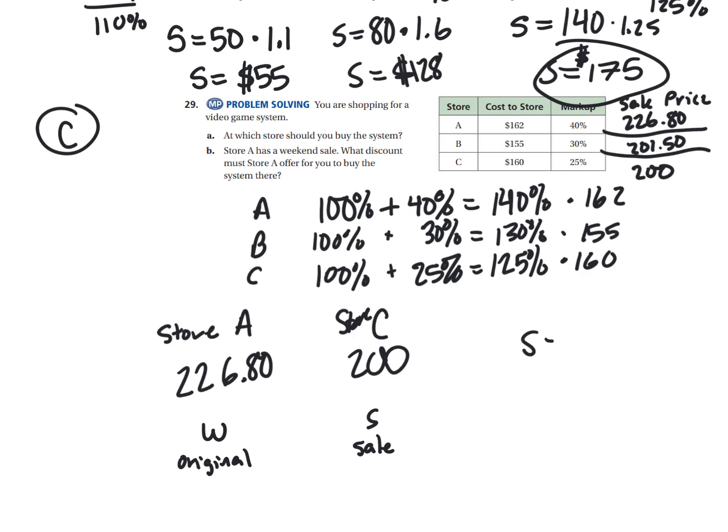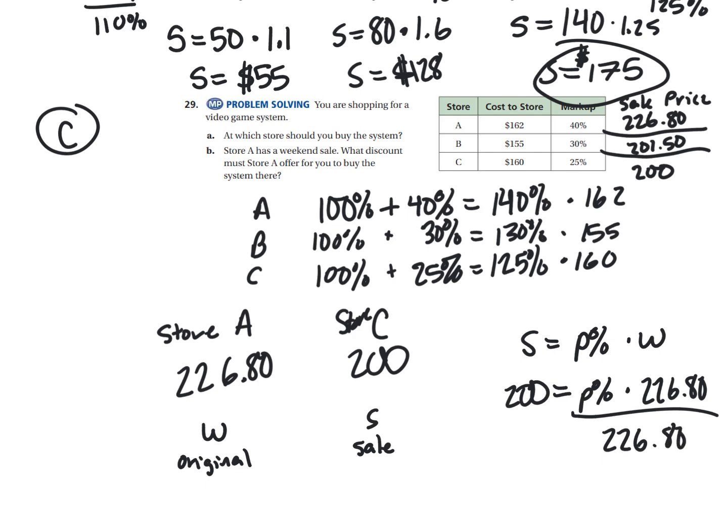Using our formula, right, I use this S equals P percent times W. 200 is the goal. I'm trying to find my percent. And W is like our original price, or our store A price. Okay? To get the percent by itself, we're going to divide and divide.